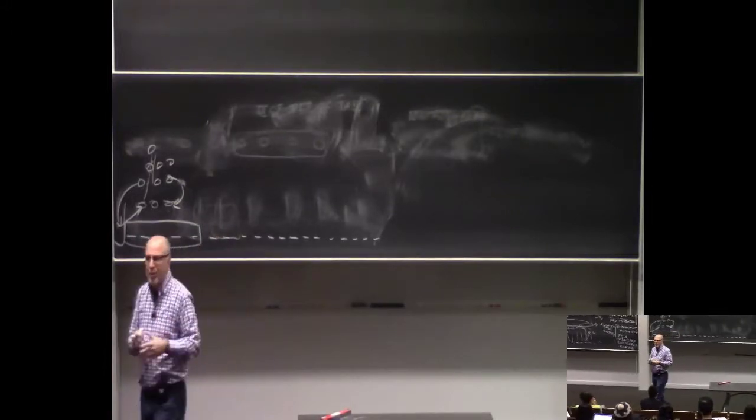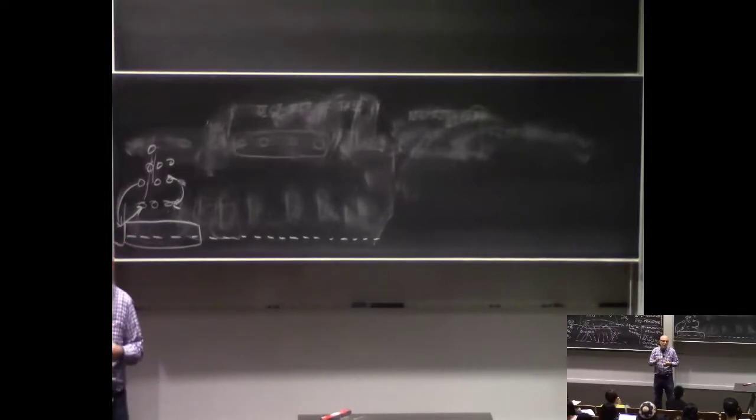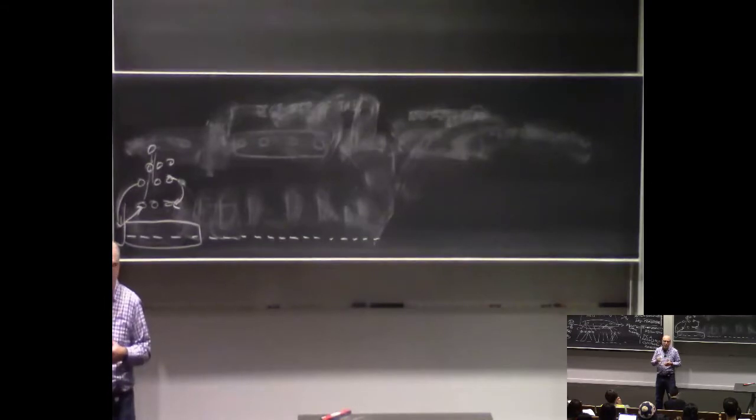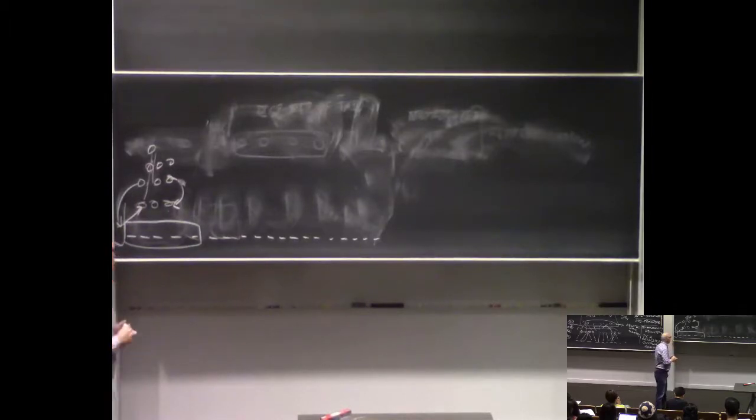So the important take-home message from this is that recurrent neural networks can be learned with gradient descent. It doesn't mean that they learn useful things. They're harder to learn with, but in principle, you can apply gradient descent to recurrent neural networks.